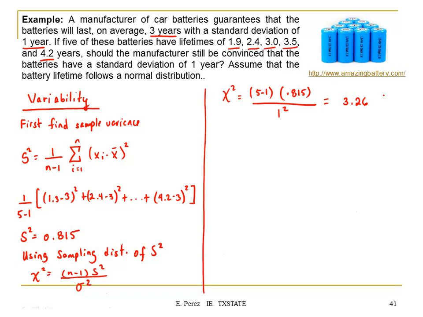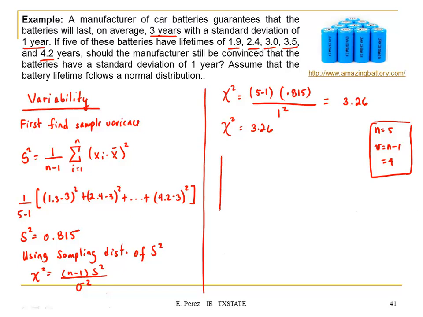Okay, so let me show you. So this is our computed chi-square, 3.26. Now we know our n equals 5. We have n minus 1 degrees of freedom, which equals 4.